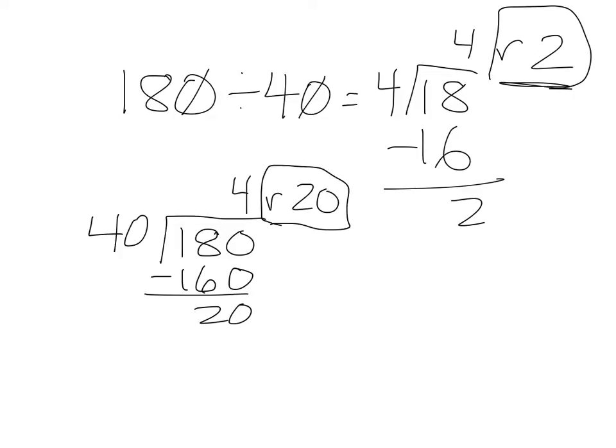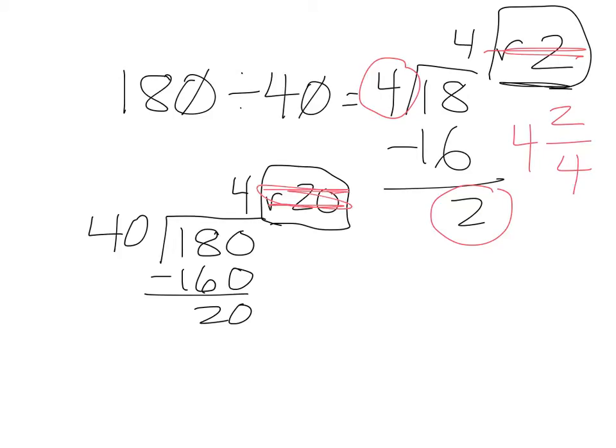If you were to write them as fractions in this example up here, when we get into mixed numbers, you'll find out that the answer would really be, instead of writing remainder 2, we would put the 2 over our divisor, so it would be 4 and 2/4. In this one, if we didn't write it as a remainder but rather a mixed number, it would be 4 and 20/40.